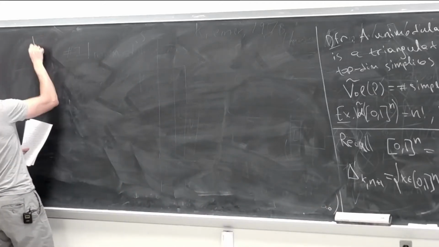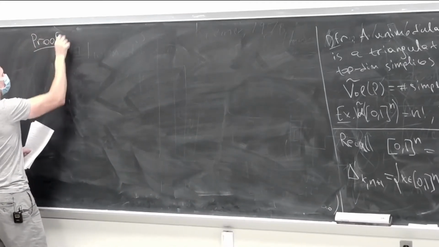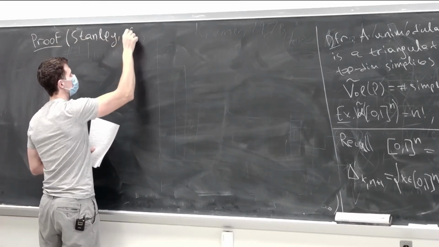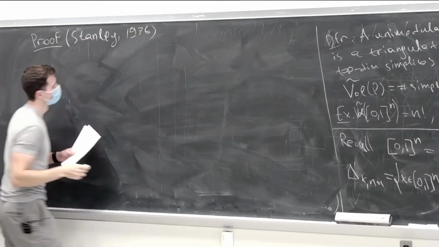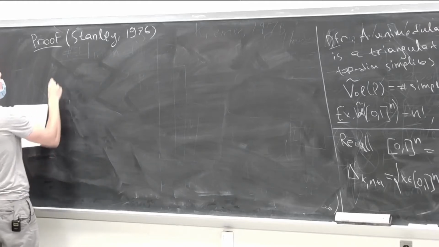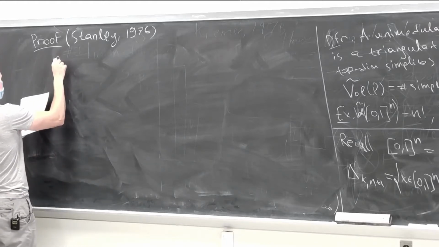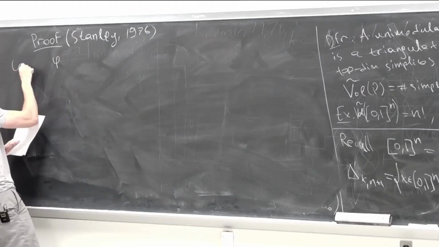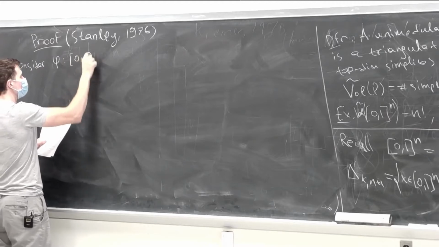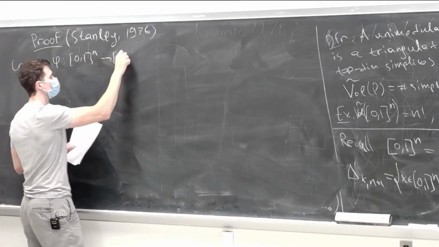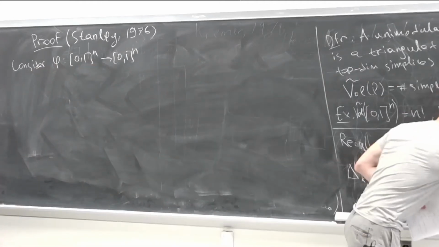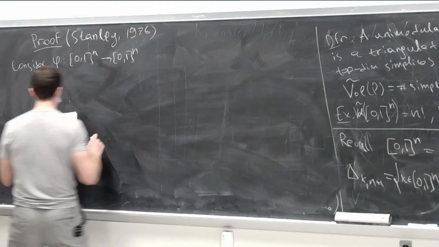So here is a proof which was constructed by Stanley in 1976. And here is the transformation, which again is going to look very weird. Consider a map C from the hypercube to itself, which is given by the following transformation.